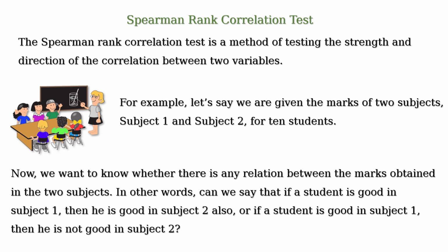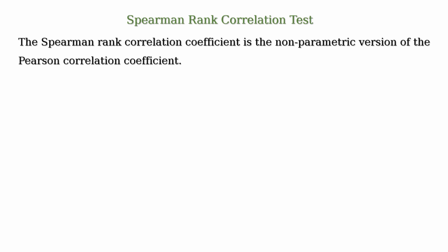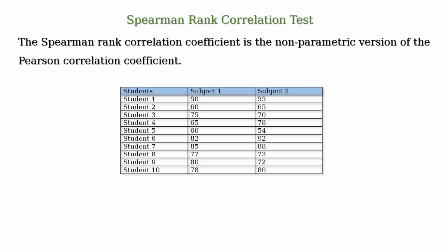Please note that the Spearman rank correlation coefficient is the non-parametric version of the Pearson correlation coefficient. So, let's look back at our example. Let's say these are the marks obtained in two subjects by 10 students.